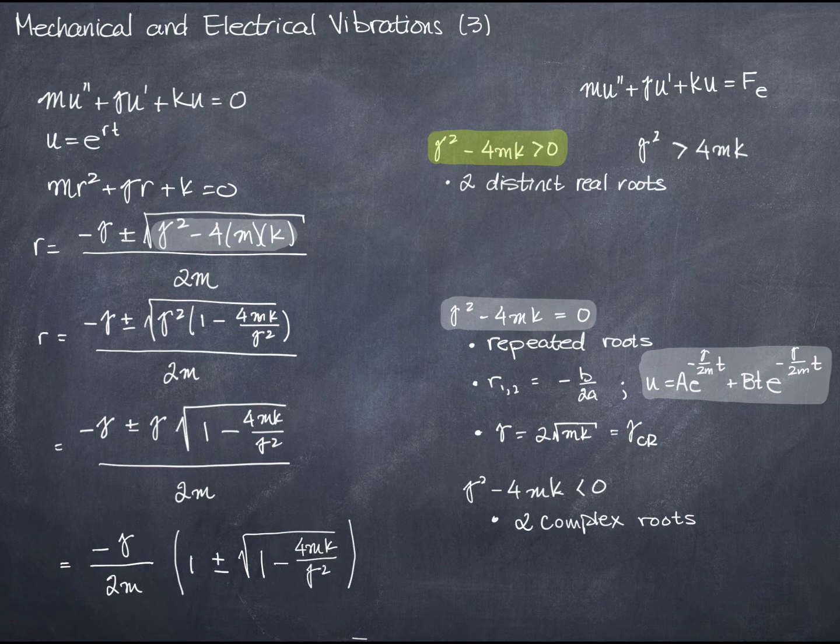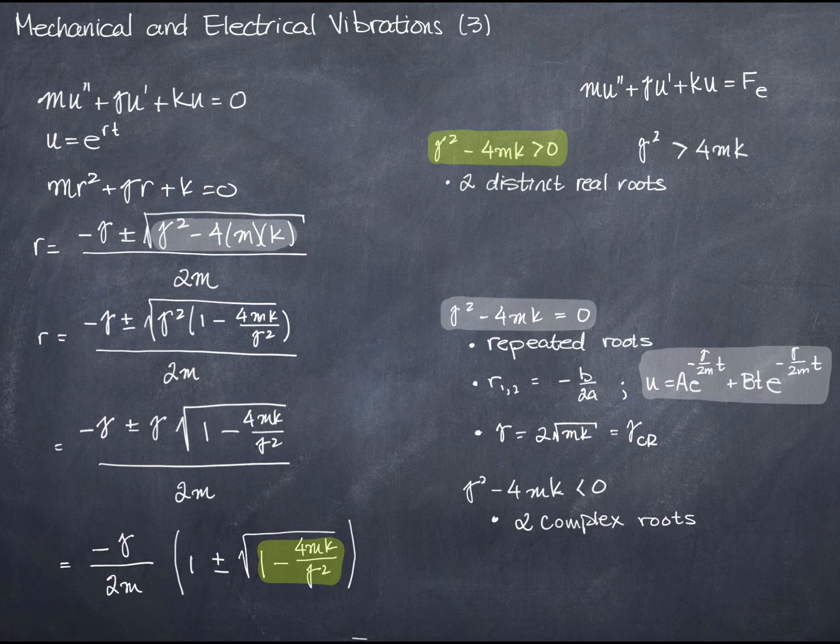The denominator is greater than the numerator. This fraction here is some number less than 1. More importantly, however, when I subtract this number from 1, I'm going to get some value inside here. 1 minus something is going to be less than 1.